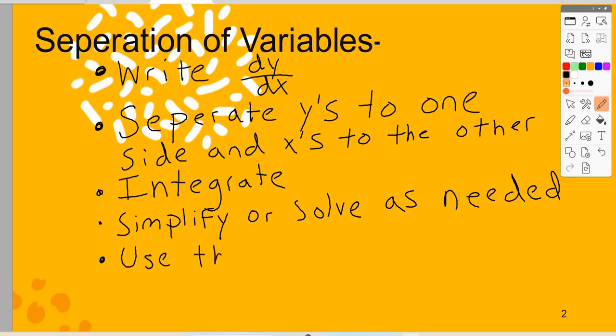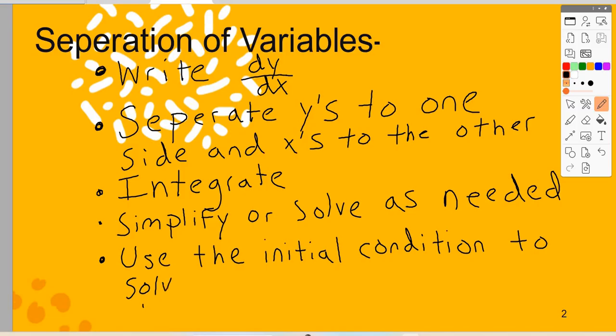We have to use the initial condition to solve for C, if you're given one. If we're not given one, then we're just going to leave it as a general solution. If we are, then we'll find the particular solution. Today we're going to focus on just the general solutions.